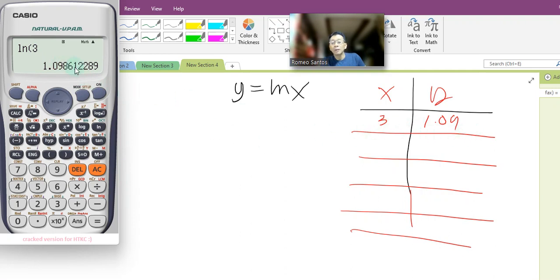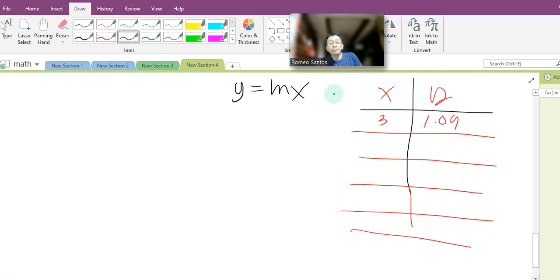When x is 2, ln of 2, what is y? It is 0.69.